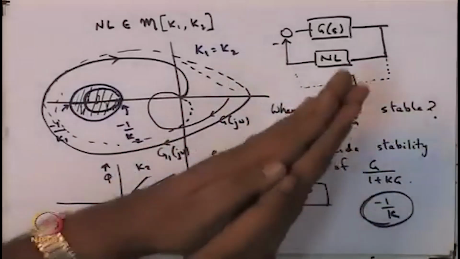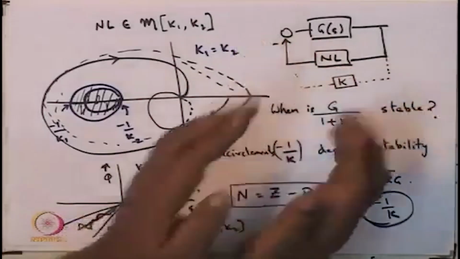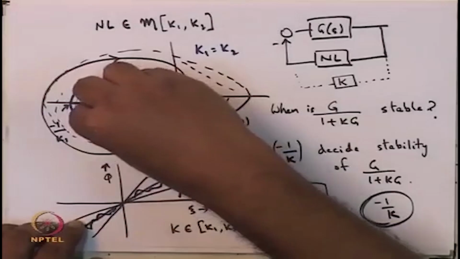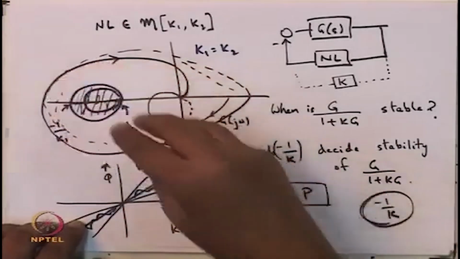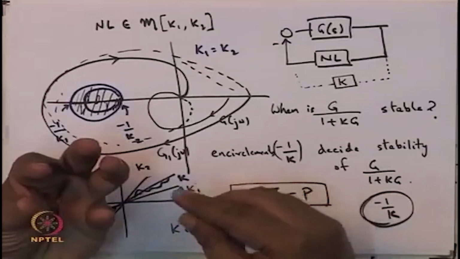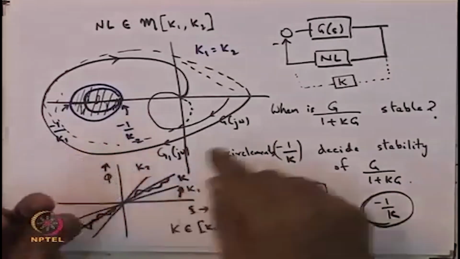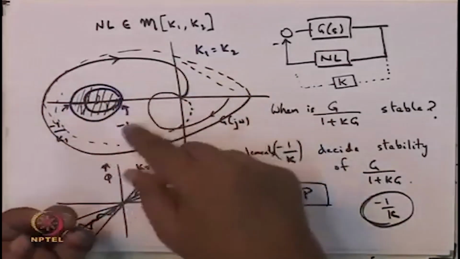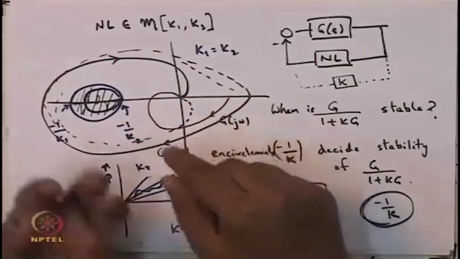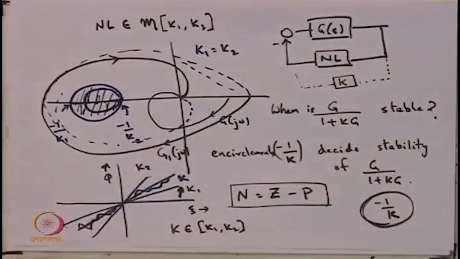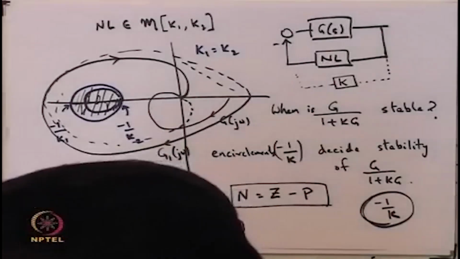Yeah, and conversely, if you start from a linear gain and you expand it out, then the uncertainty comes out in the form of this circle here. It expands out into that circle with the appropriate size, and if the transfer function makes the correct number of encirclements for that circle, then the resulting system is asymptotically stable.